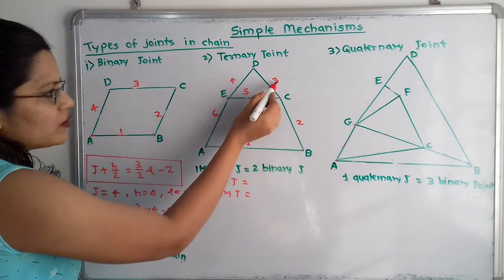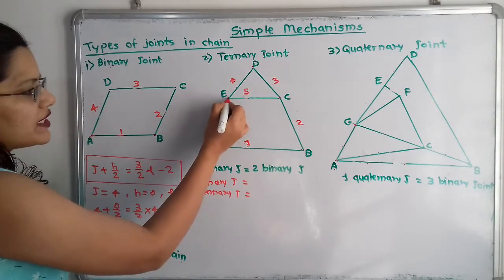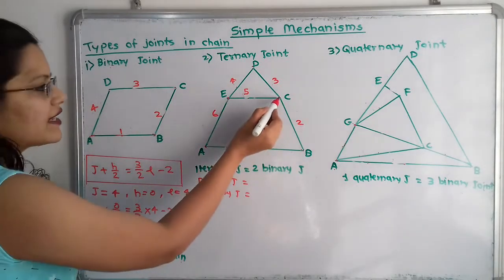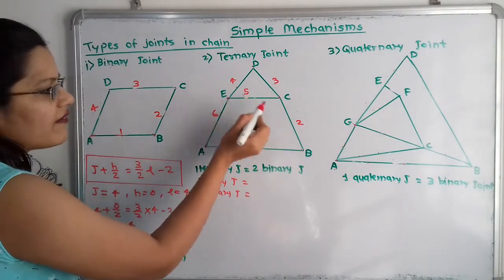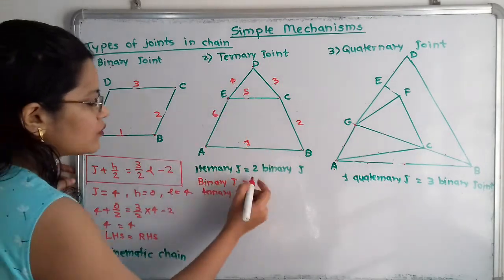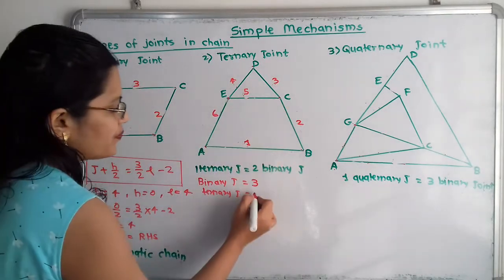Point D is connected to 2 links, 4 and 3, so it is binary. Then what about E? E is connected to links 4, 5 and 6, so it is ternary, and C is connected to 3, 5 and 2, so it is also ternary. So we can say that in this there are a total of 3 binary joints and 2 ternary joints.